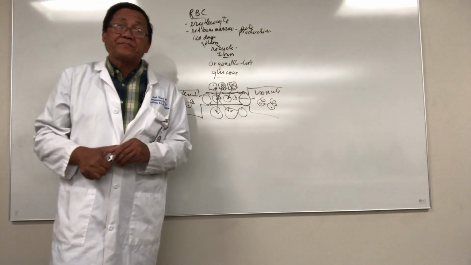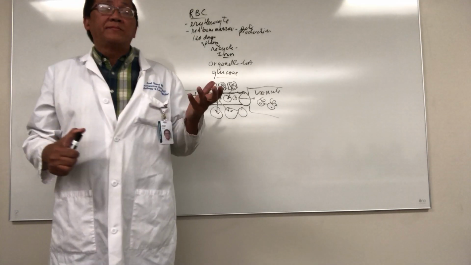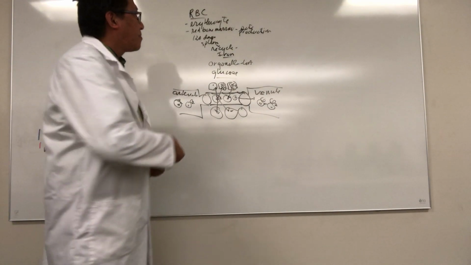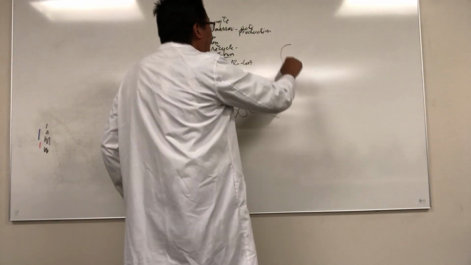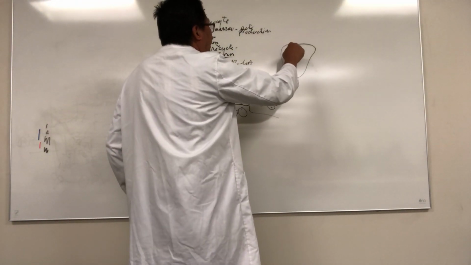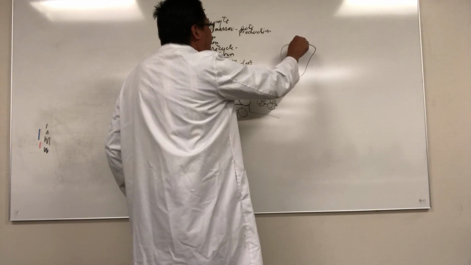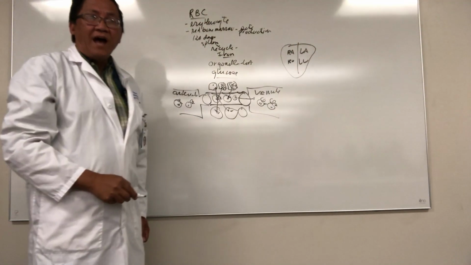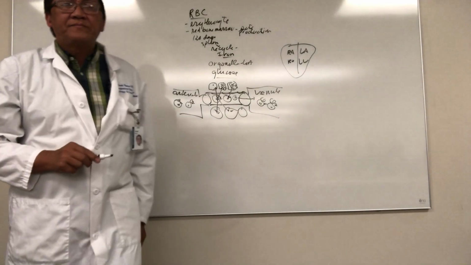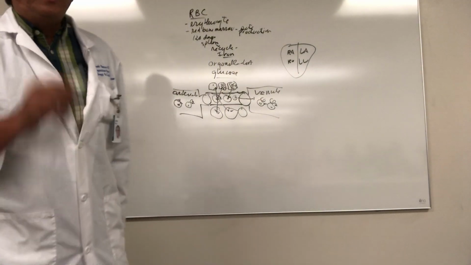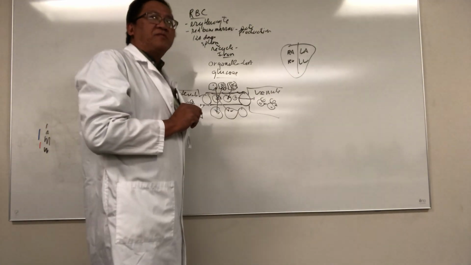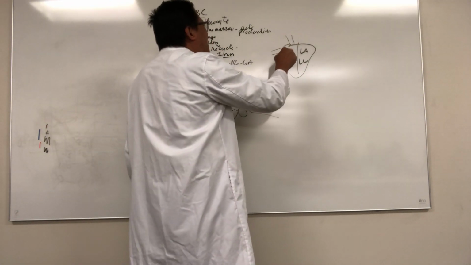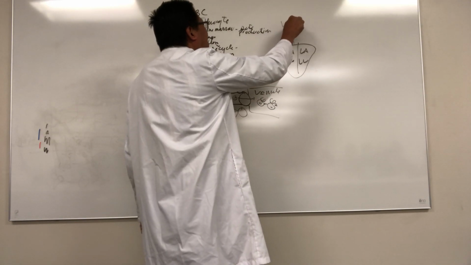Now you know, where does this go? All the veins, as you recall, if you remember, right atrium, right ventricle, left atrium, left ventricle, right? If you remember that when it comes to the chambers of the heart, the superior vena cava and the inferior vena cava bring all the veins where?